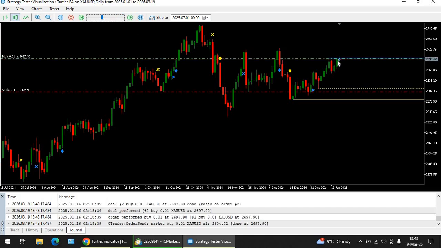The trade was opened, as you can see, as soon as the price went above this breakout level, and here is the initial stop loss. The trail stop is above the initial stop loss because we use such a short period for the trail stop, otherwise we would be under.